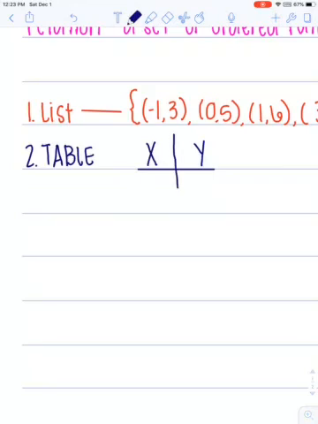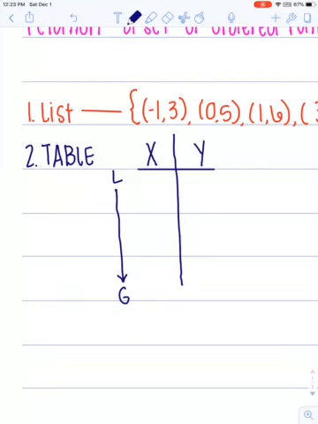And we're using those same points, and we're going to fill in our table. So my x values in tables have to go least to greatest. So when I'm doing a table display, I must write my x values least to greatest.